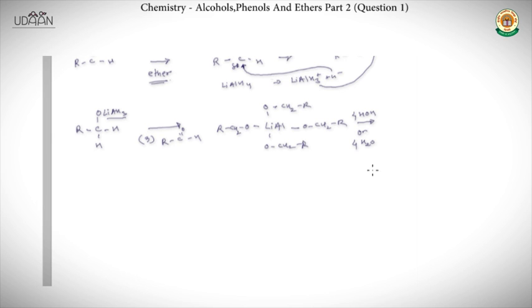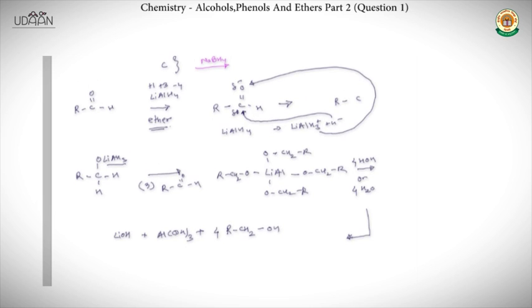So it will ultimately result in RCH2OH plus aluminium hydroxide plus LiOH. 4 molecules of RCH2OH will be formed.